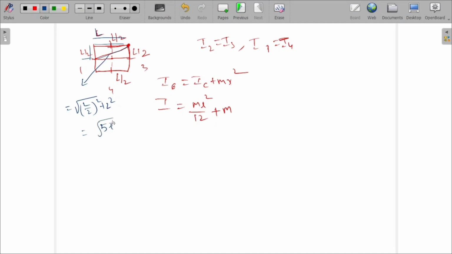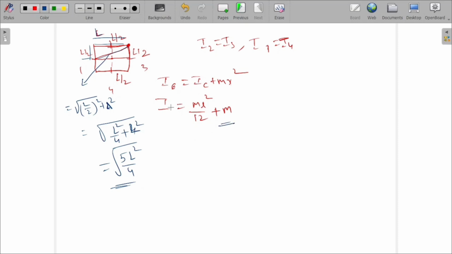Solve it clearly. So it is root over L square by 4 plus L square. So it is 5 L square by 4. So it's root over 5 L square by 4. Okay, clear? Right. So you can substitute that here and find the I.